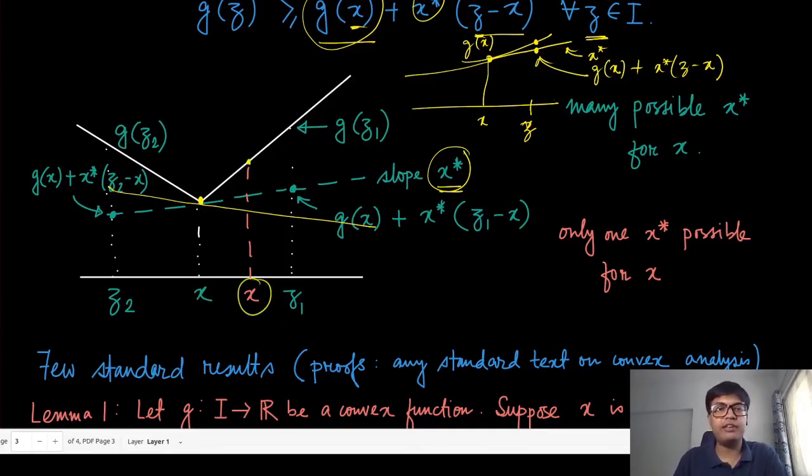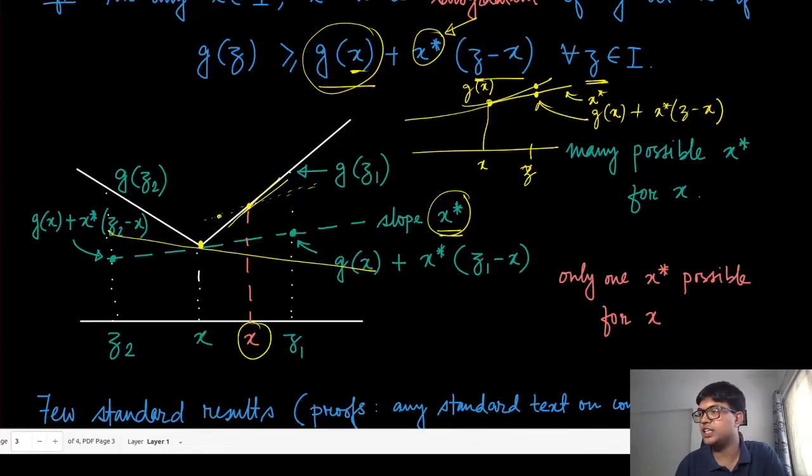Can you actually find multiple subgradients? The answer is no, because if you try to find some subgradient which is not exactly equal to its gradient here, then you might end up having some points which are above the value of that point. So this inequality will get violated if we pick some other line.